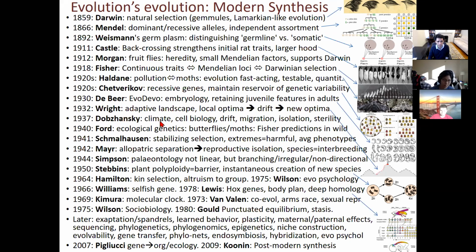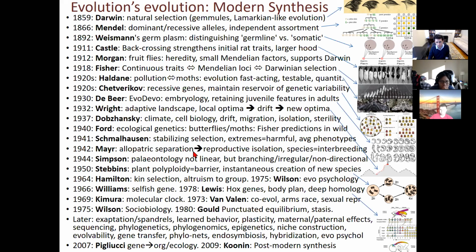Dobzhansky was looking at climate effects on evolution, and then the relationship between cell biology, drift, migration, isolation, and sterility. Ford was looking at ecological genetics, and these feature predictions in the wild, and then looking at stabilizing selection, where the extremes are actually harmful, but phenotypes are moving towards average.